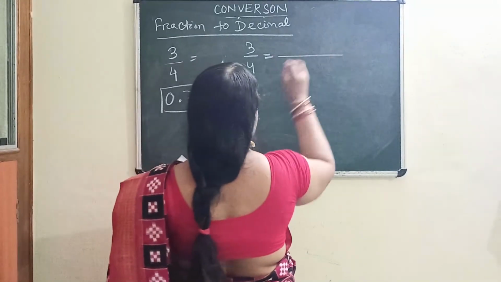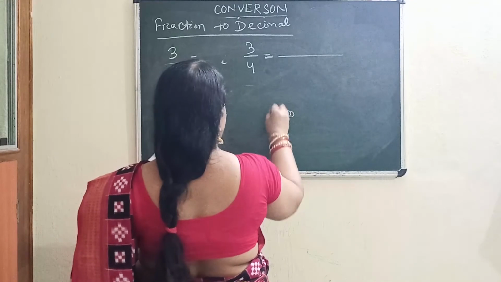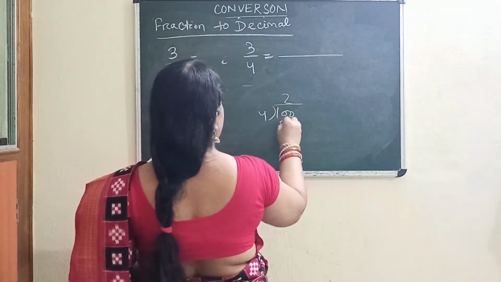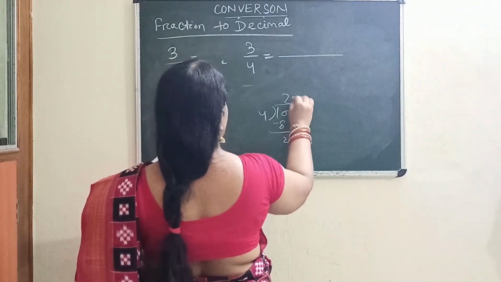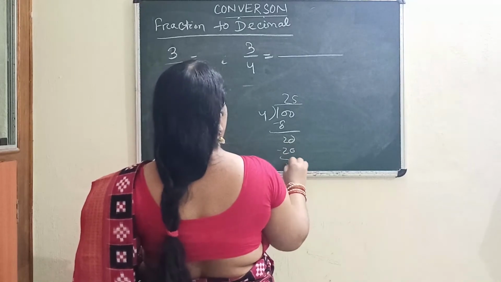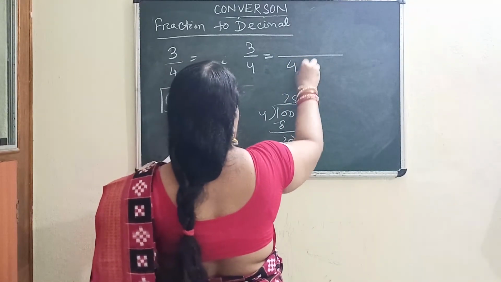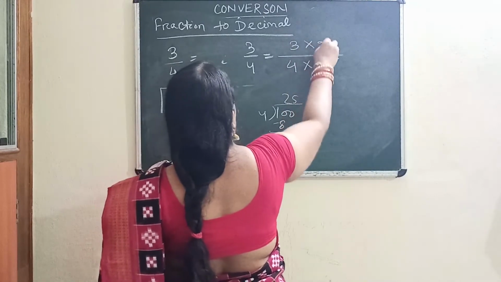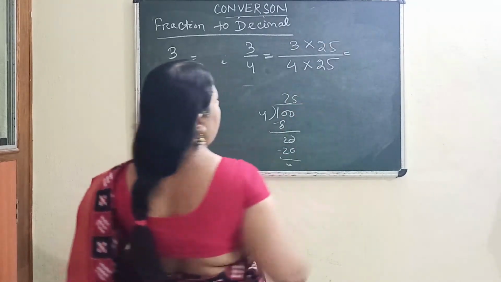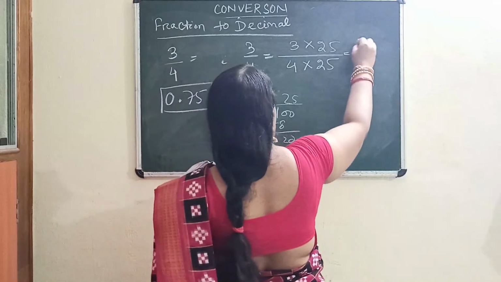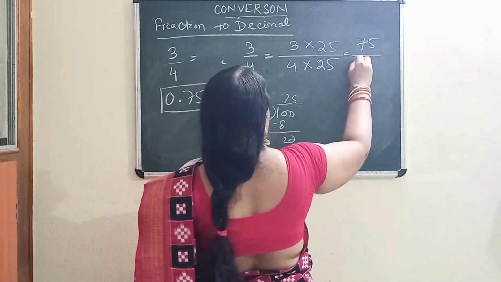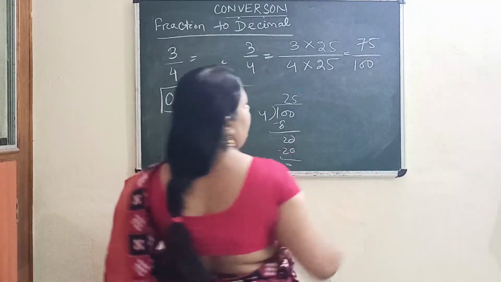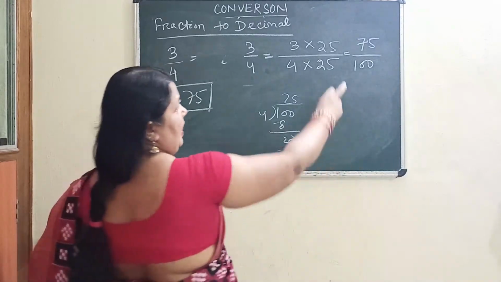How will we convert? 100 divided by 4, 4 2s are 8, then 20, 4 5s are 20. Okay, so if we are multiplying both the numbers, 4 into 25, 3 into 25, how much are you getting, children? 25 3s are 75, and here 25 4s are 100, 75 by 100.